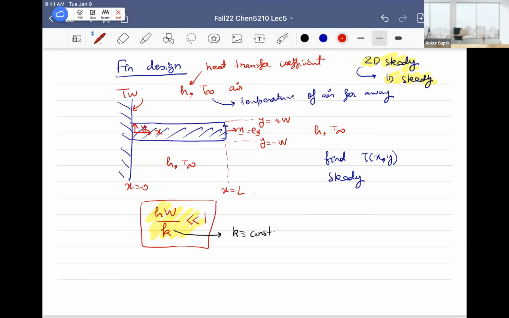And again, what will be the heat transfer boundary condition? The normal at y equal to plus W is plus e_y. So let's take this normal direction.